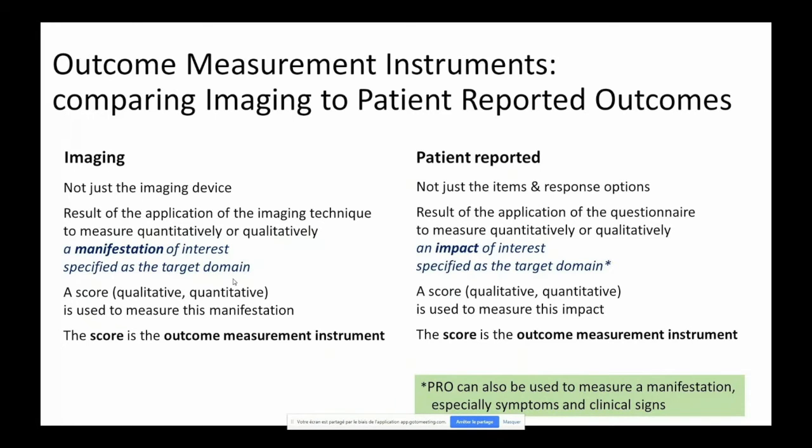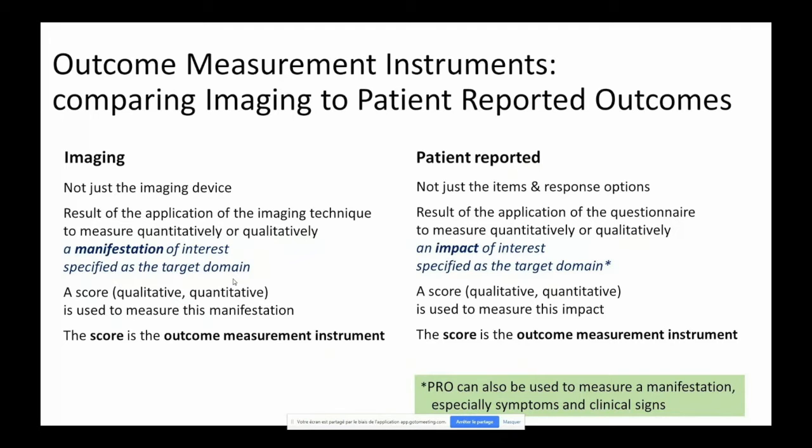For example, the patient-reported outcome is not just the items or the response options, but it is the result of the application of the questionnaire to measure quantitatively or qualitatively an impact of interest that is specified as the target domain, and the score, qualitative or quantitative, is used to measure this impact, and the score is the outcome measurement instrument.